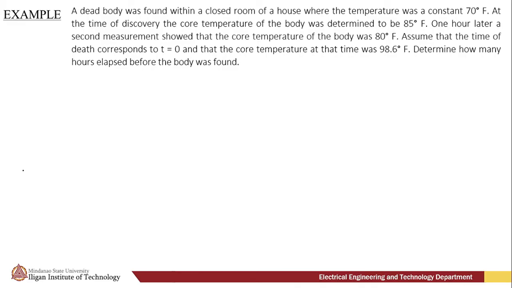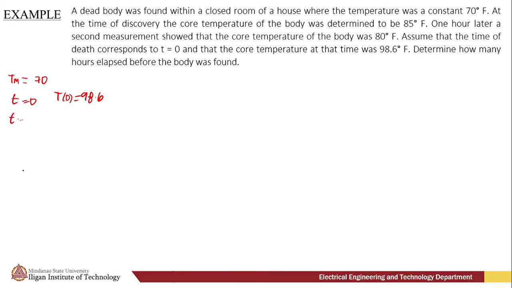So what we know from the problem is that we have the temperature of the surrounding medium, which is equal to 70 degrees Fahrenheit. At t equals 0, the temperature of the body was 98.6 degrees Fahrenheit.